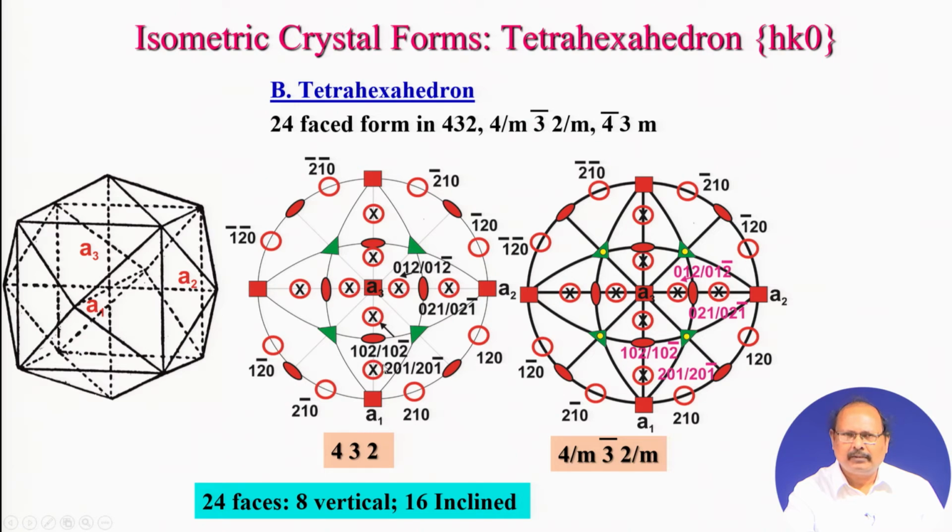Because of the symmetry in this particular point group, this dyad will enable the generation from this 210 of another vertical face, 120, and another inclined face whose name will be between 001 and 011, so this will be 012 here.